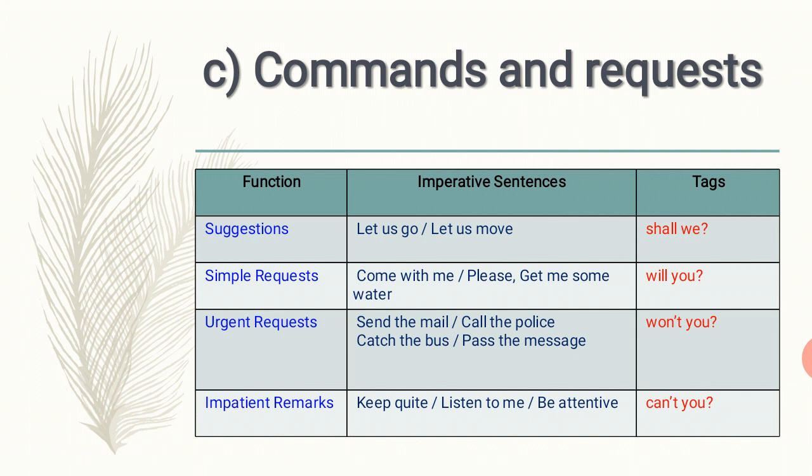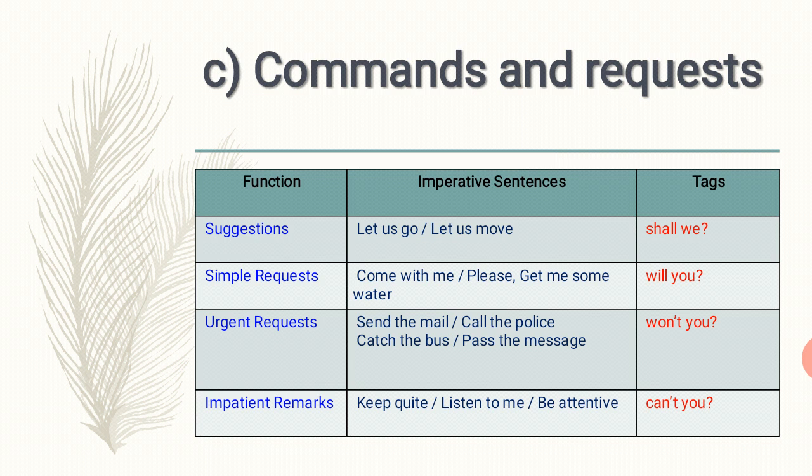They come as imperative sentences, and I have given you the tag formation also. First, for giving suggestions, the sentence starts with let us go, let us move. So the tag will be shall we. Okay. And the simple request is, if we have come with me, please get me some water, please come with me, we just take will you. That is a polite way. That is a simple request.